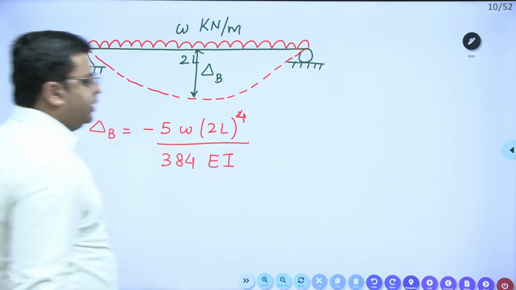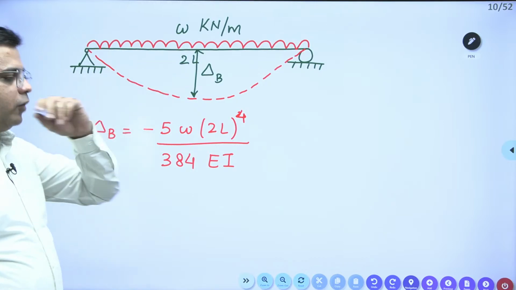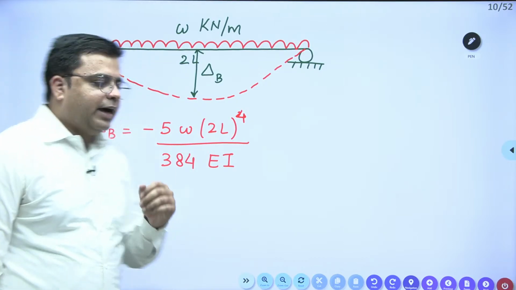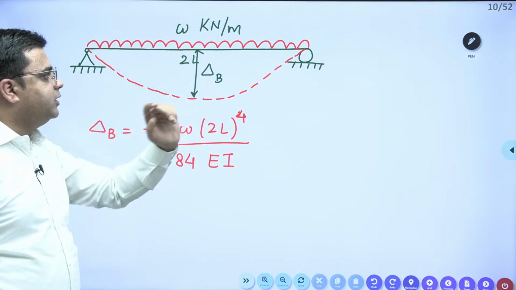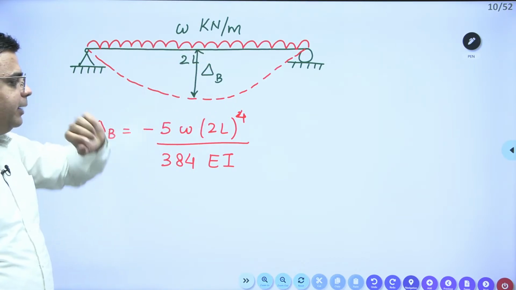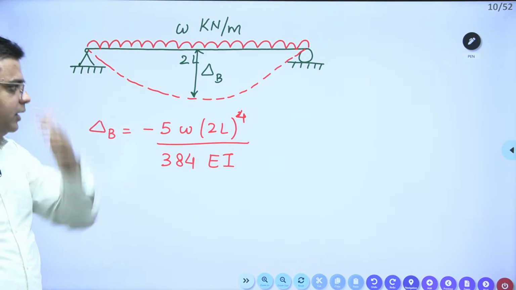So here we have the standard result for calculating the deflection that will be occurring due to this uniformly distributed load at point B. So this is my standard result, right?